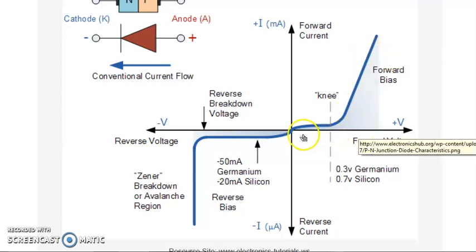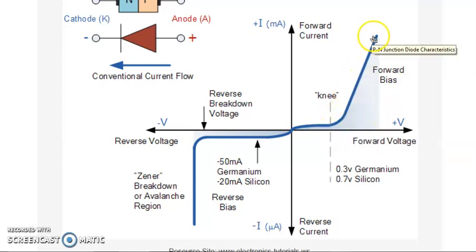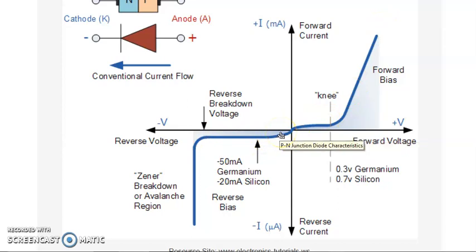You would have done up to like 0.5 volt, this is where it starts, and from 0.6 to 0.8 volts you see a large amount of current flowing. But in the reverse bias, even beyond 10 volts, you have only microamperes, like 5 or 10 microamperes of current flowing, because of the minority charge carriers.